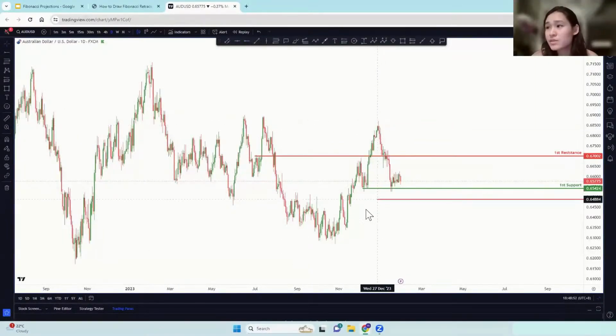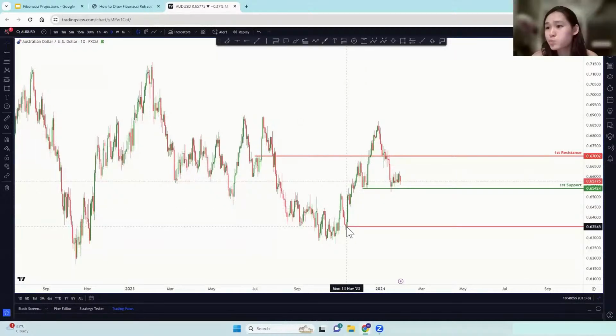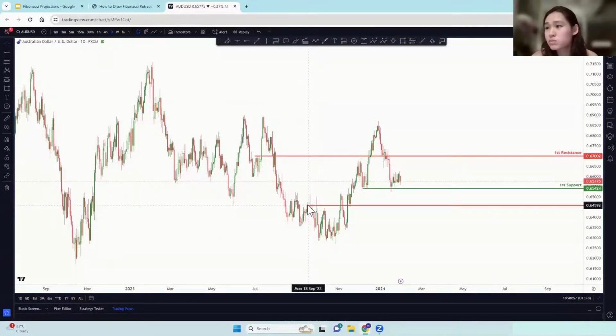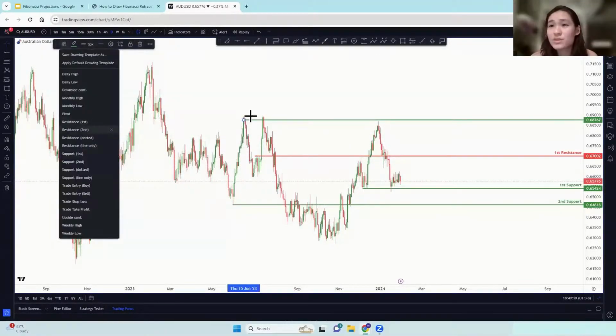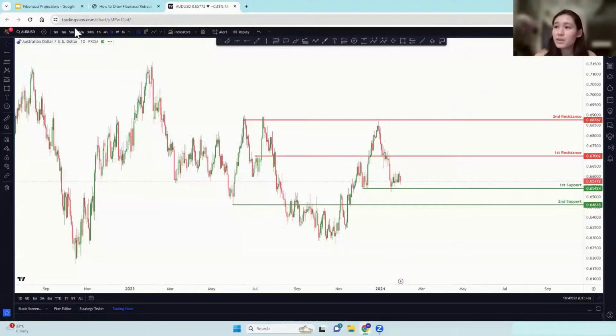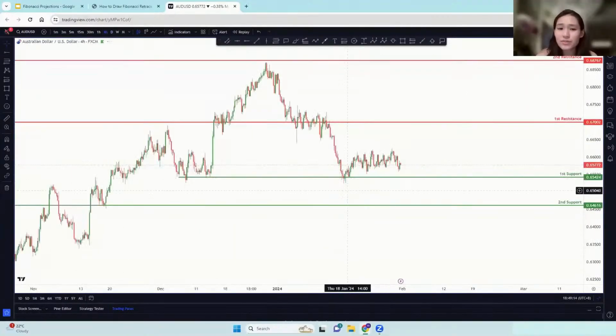And then I just place my second support somewhere here. And then of course at this swing high, that would be my second resistance. Okay, now let's look at our 4-hour time frame.